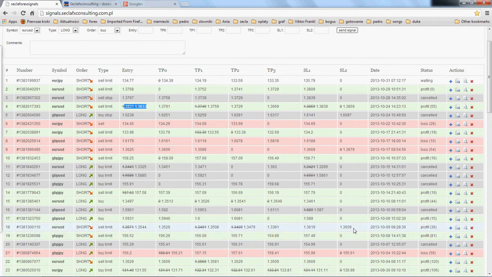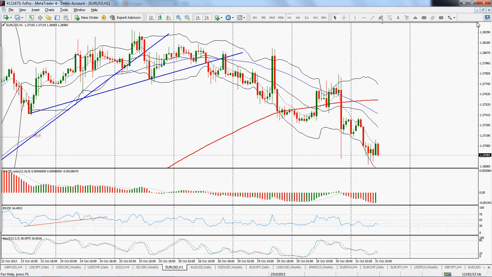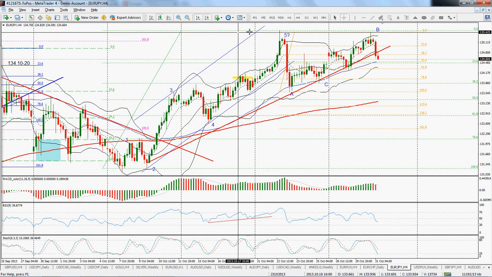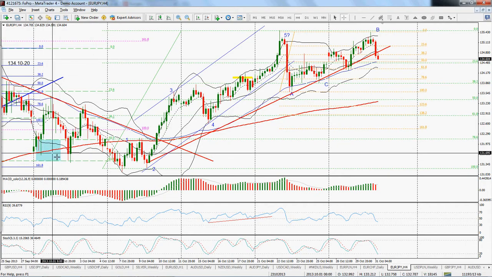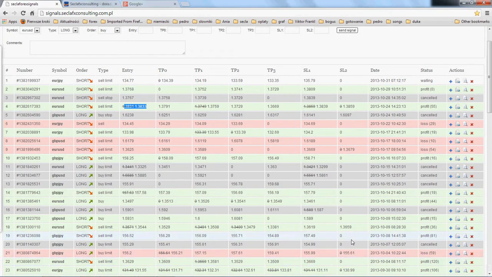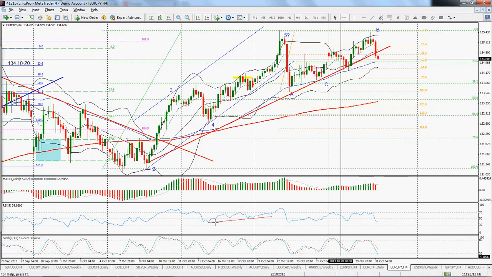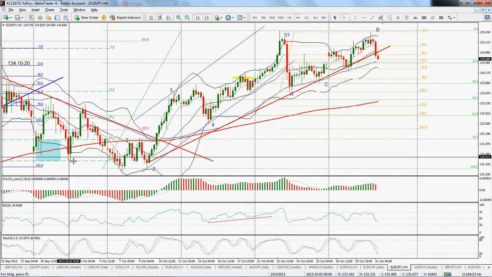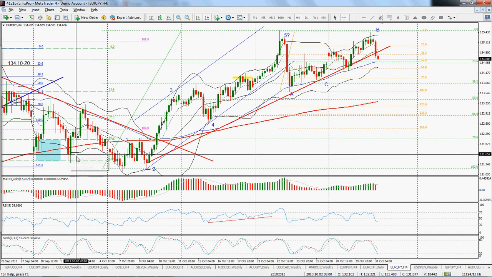Let's have a look at that. This is this position here, and I located this trade setup by the end of September, but it was triggered a day or 2 days later, so it was on the 2nd of November. Oh, sorry, of October.